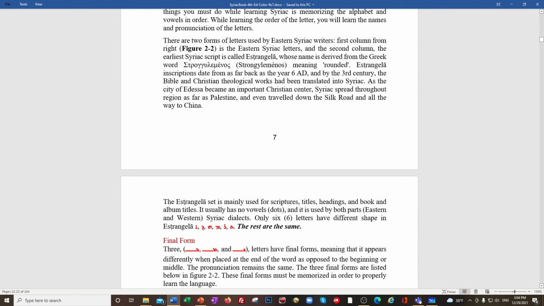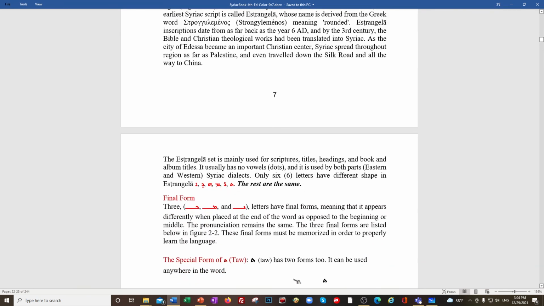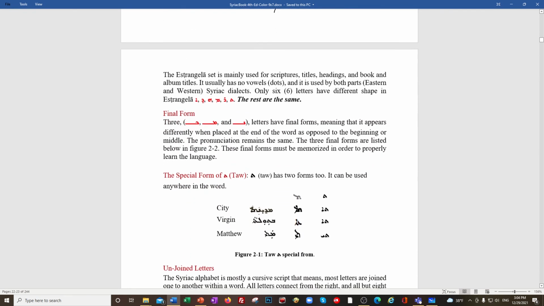Esṭrangelā, by the way, is used only in banner titles, to represent the date of the year, and so on. So it's barely used in writing Eastern Syriac, but it's very good to communicate between the 2 dialects, the Eastern and Western writers.